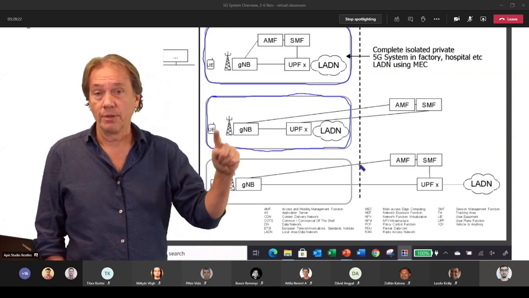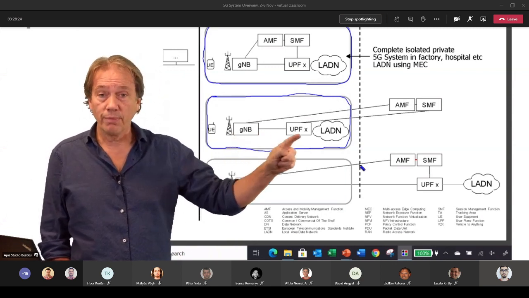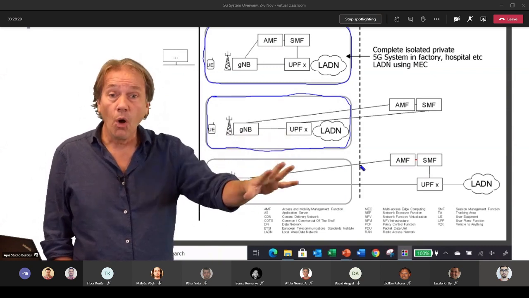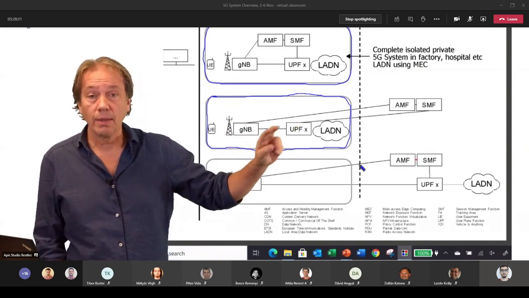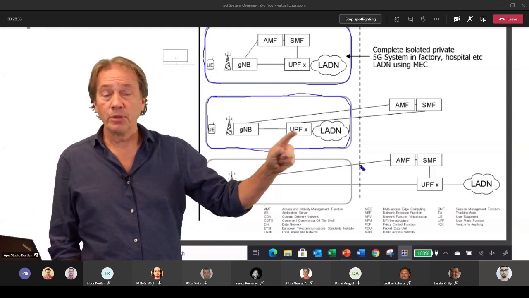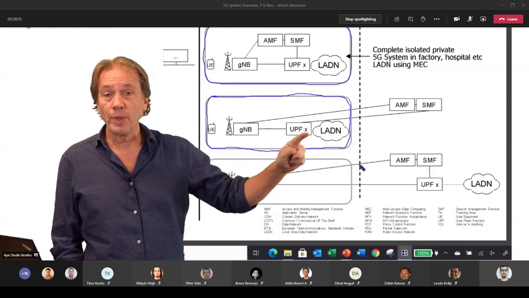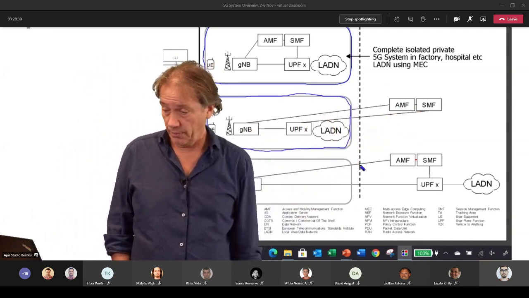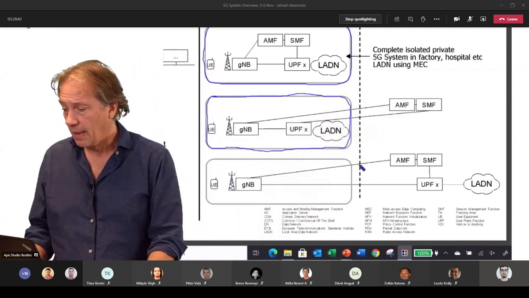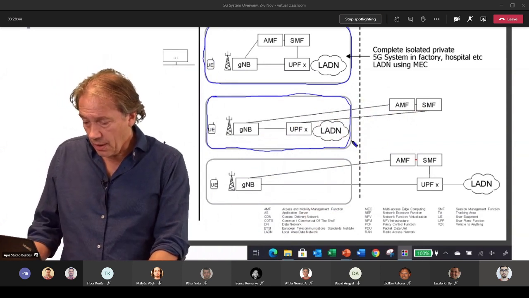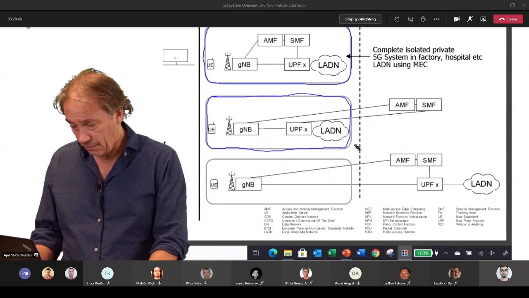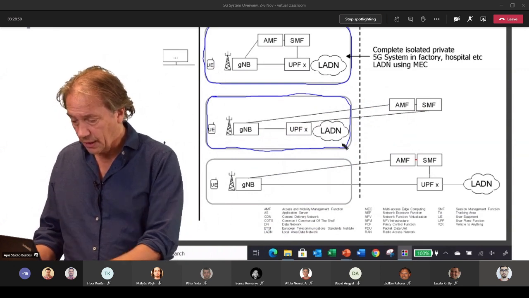Can you please put some 5G equipment inside our factory? You own it, and put the things we need to have in our factory here, and where you have the rest of the things, that's up to you. So this is a slightly different approach.